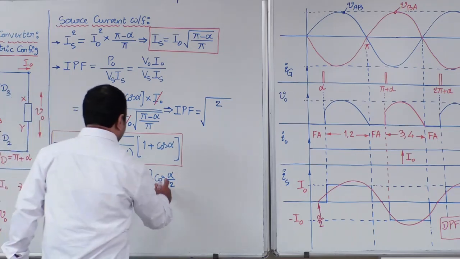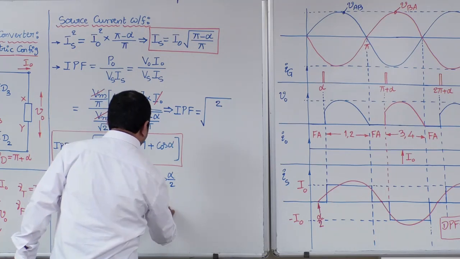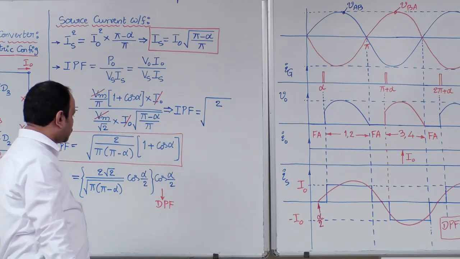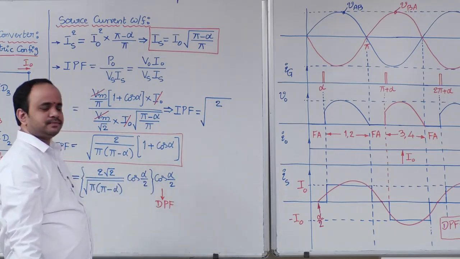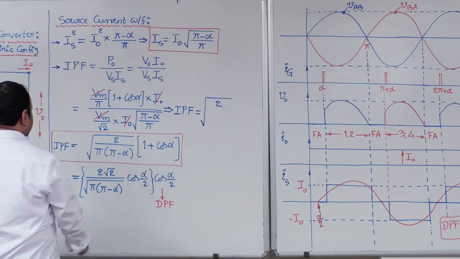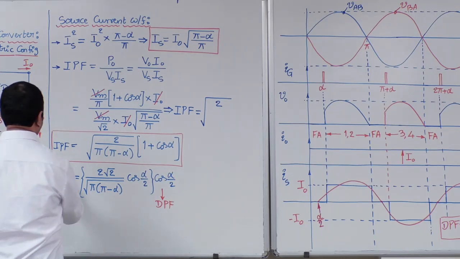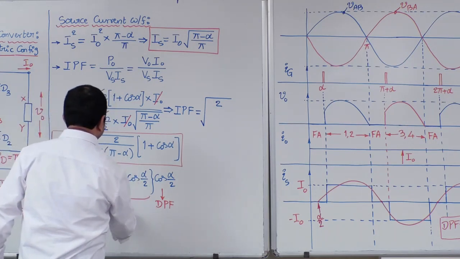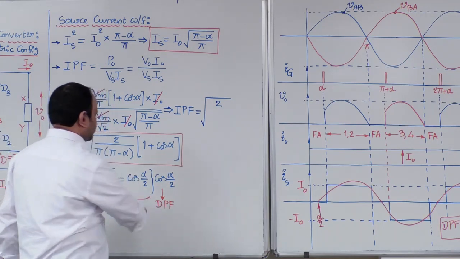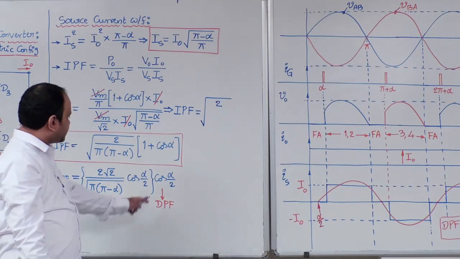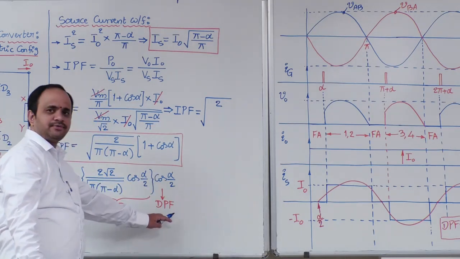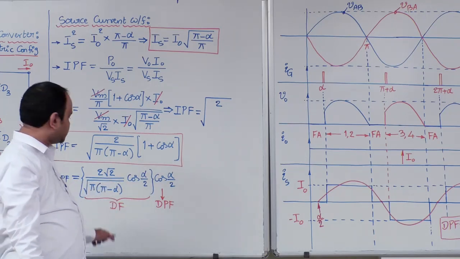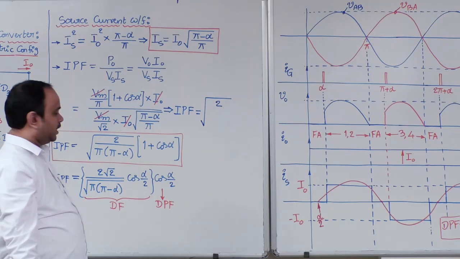Now here this cos alpha by 2, in the earlier waveforms explanation we told that it is a DPF. But in our previous lecture we already studied that input power factor means distortion factor multiplied with displacement power factor. As this term is already DPF, you can say that this particular term is DF, that is distortion factor.